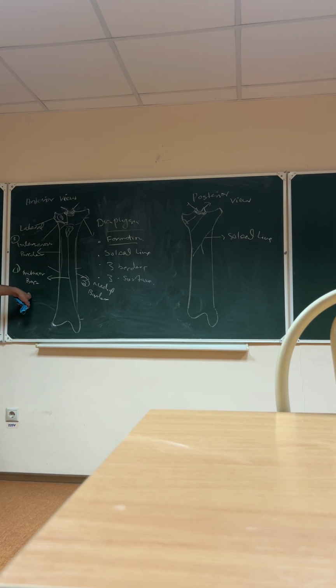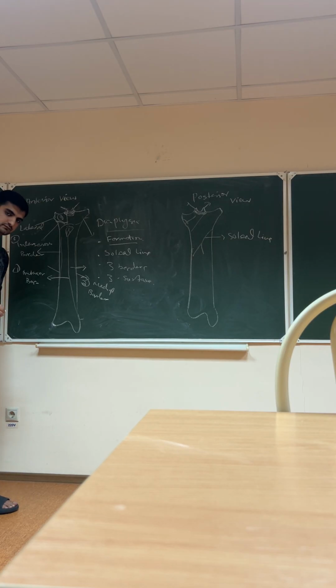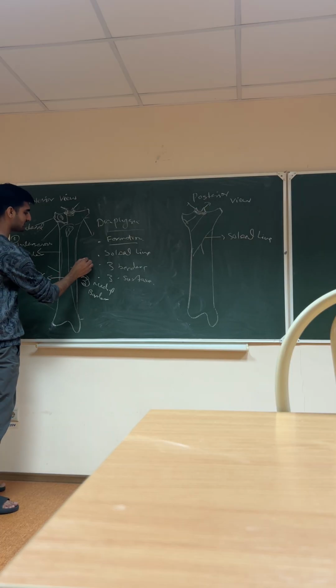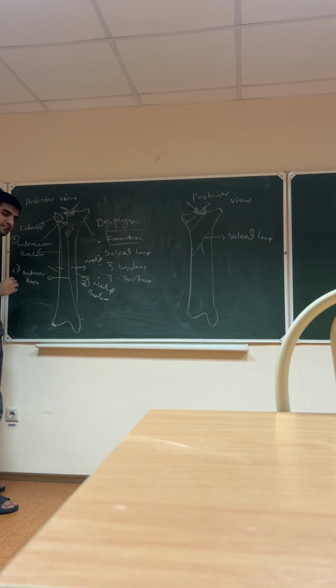Now we have discussed the borders. Now surfaces. Now this is the anterior border. Which surface is this? This is the medial surface, because the tibia is located medially. And this surface, which surface? This is the lateral surface, because for the tibia bone this is the lateral surface.